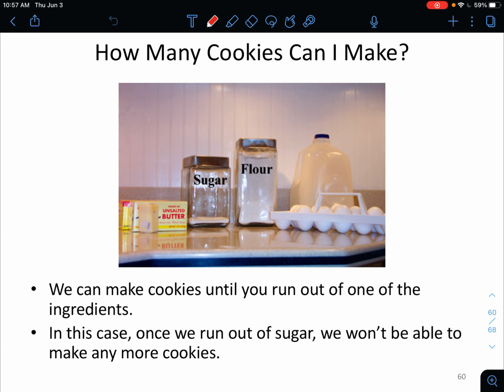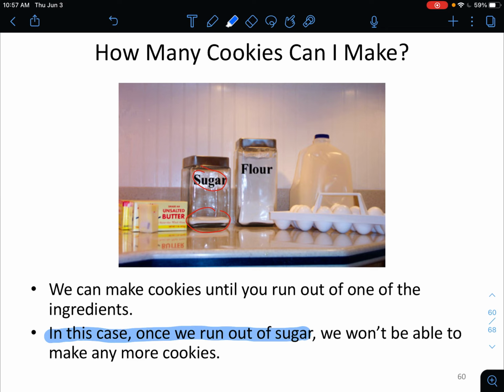The intention here is for you to see that we're low on sugar. Generally we'd say we could make cookies until we run out of one of the ingredients, and in this case sugar is what we're going to run out of first, and once we run out of that we won't be able to make any more cookies.